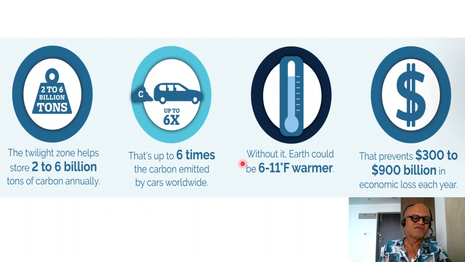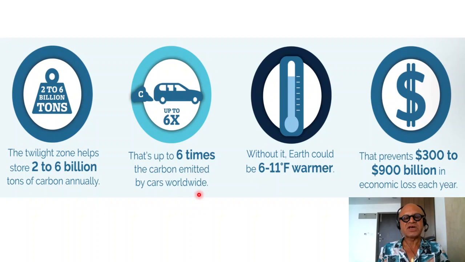Okay, so different philosophies there, but some estimates were made by Bill Dewar about how much heat energy is produced by marine biomass. Woods Hole provides some infographics as to what the mesopelagic does. So 2 to 6 billion tons is the amount of carbon that the twilight zone helps move or store annually.